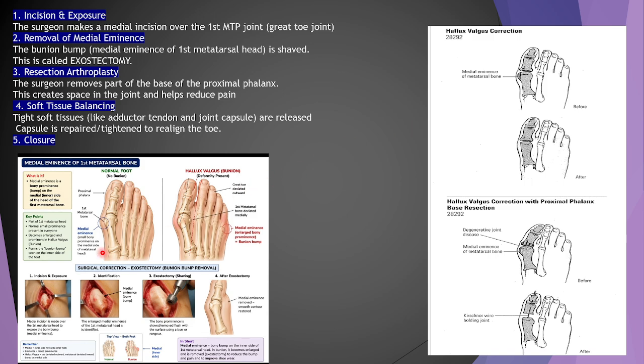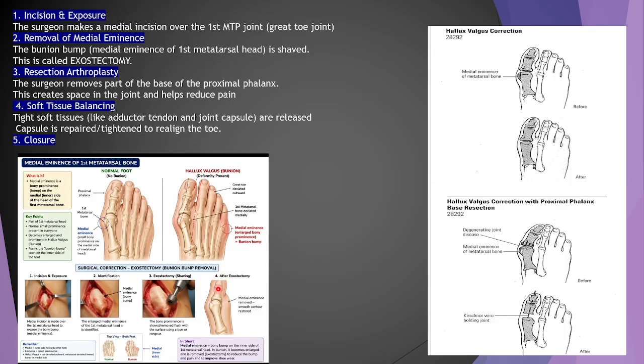So what is the medial eminence? The first metatarsal head, that bunion bump, is known as the medial eminence. He will shave that bunion bump. That is known as exostectomy.